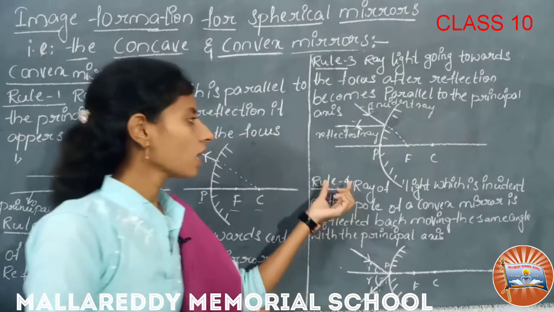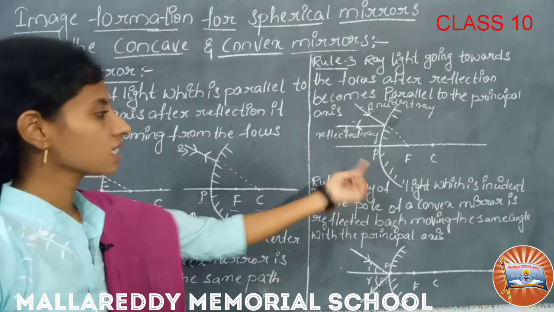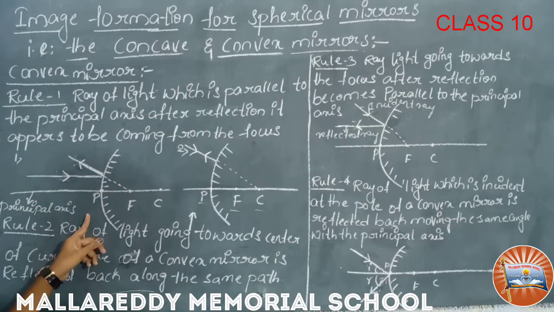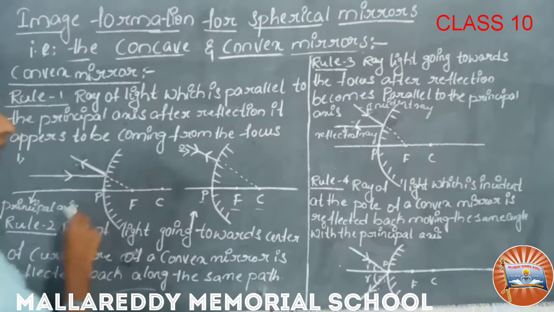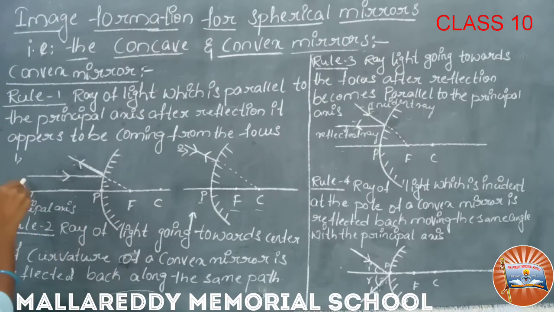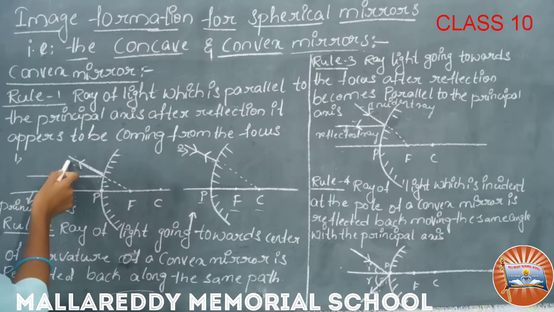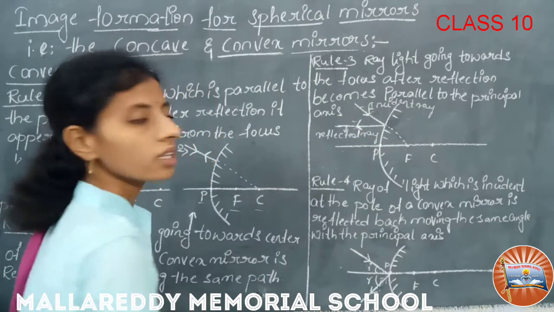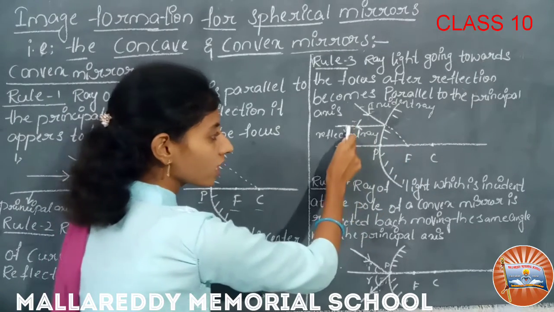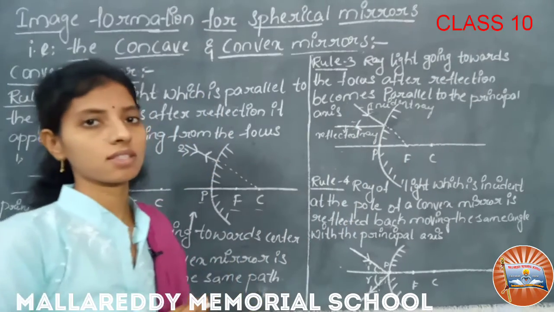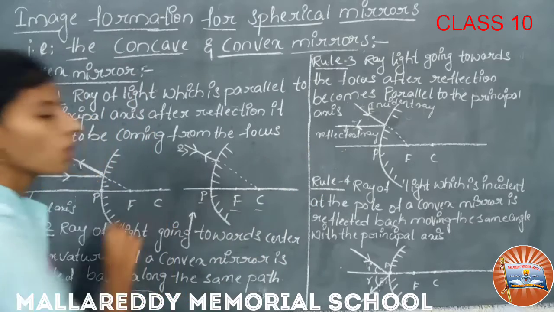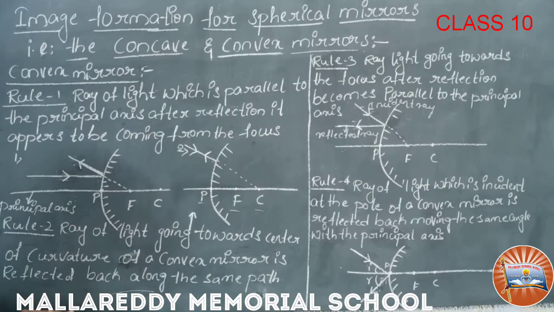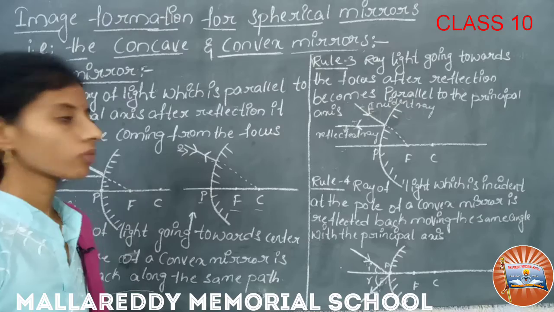Now see, rule 3 is exactly opposite to rule 1. In rule 1 the incident ray is parallel to the principal axis and the reflected ray goes through the principal focus. In this case the incident ray passes through the principal focus and the reflected ray is parallel to the principal axis. These two are exactly opposite. This is due to reversibility of light, okay.